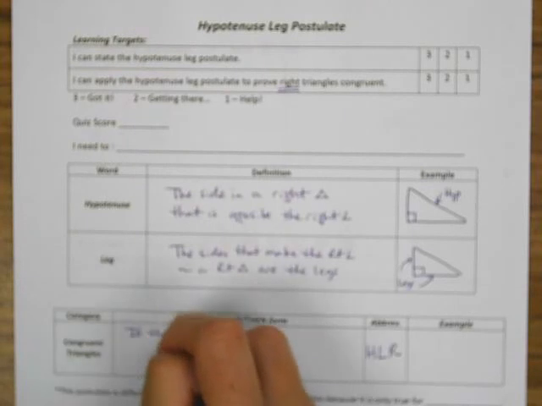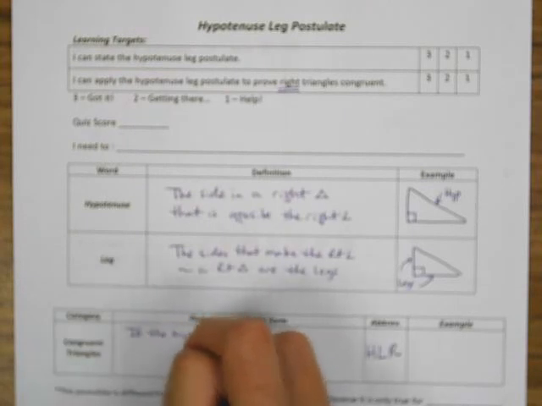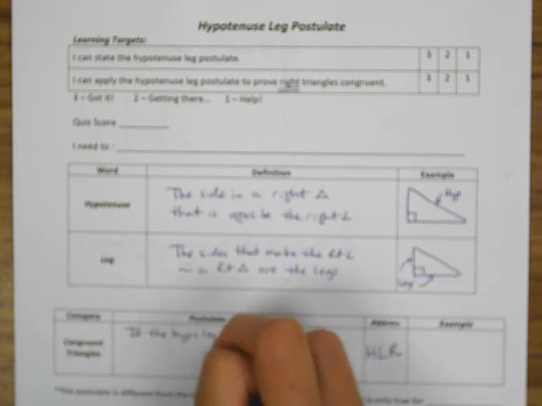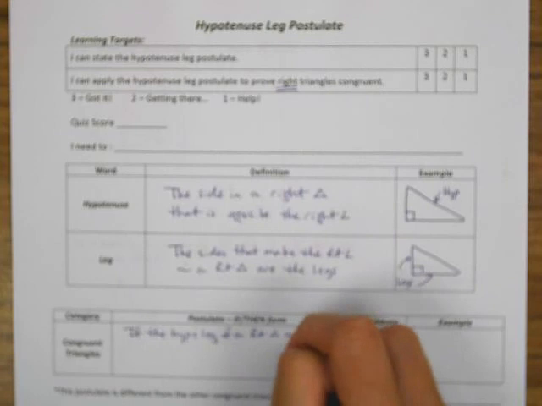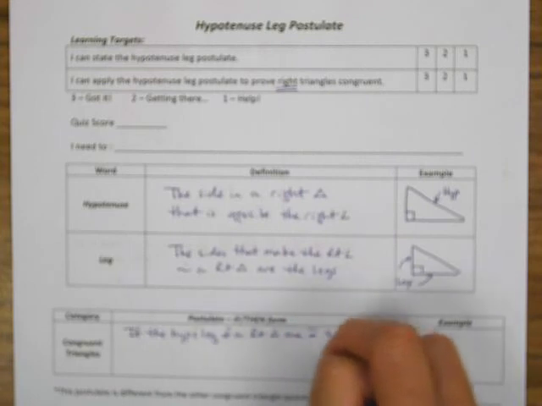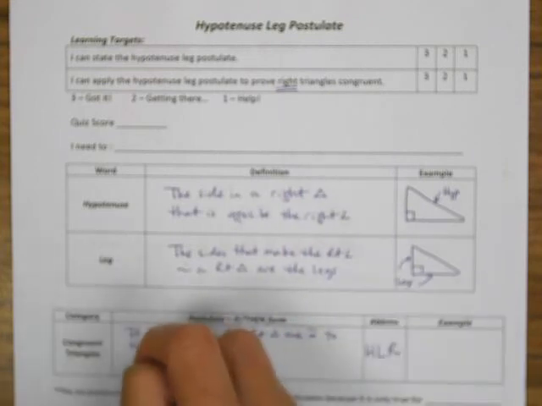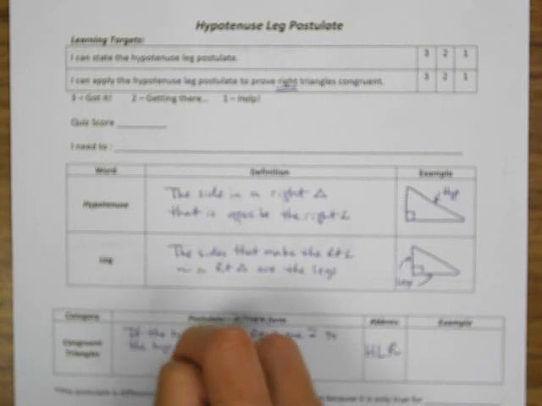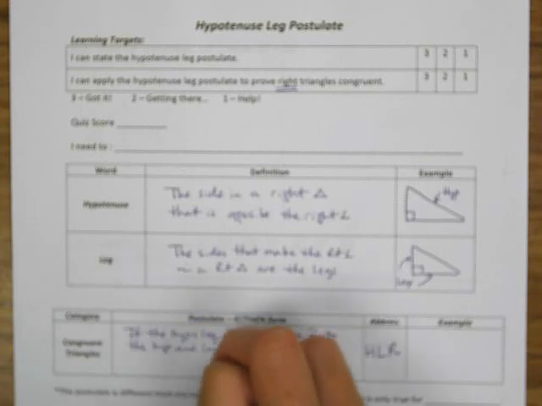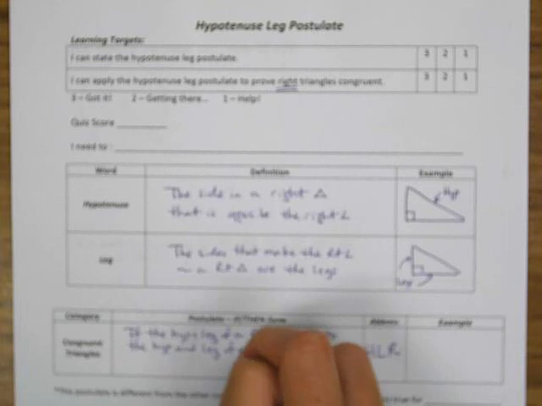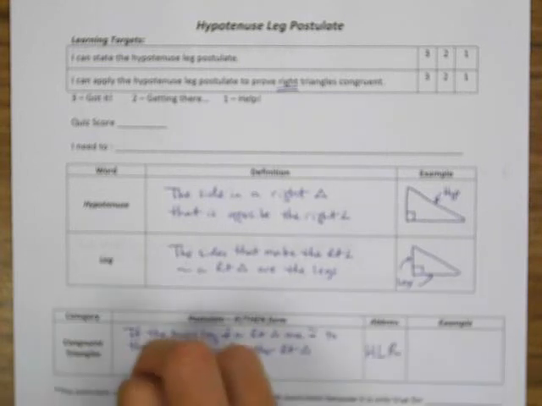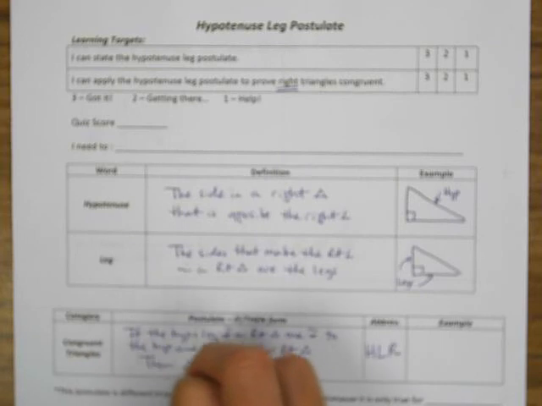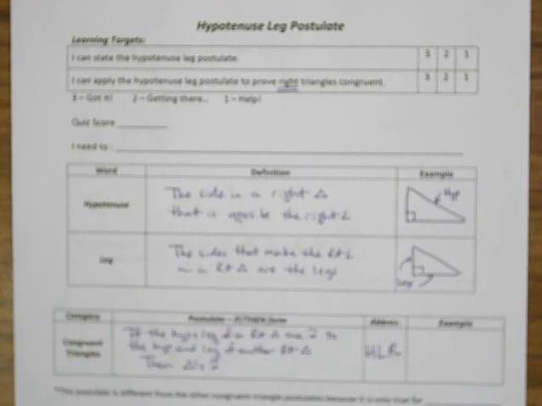If the hypotenuse and leg of a right triangle are congruent to the hypotenuse and leg of another right triangle, then the triangles are congruent.